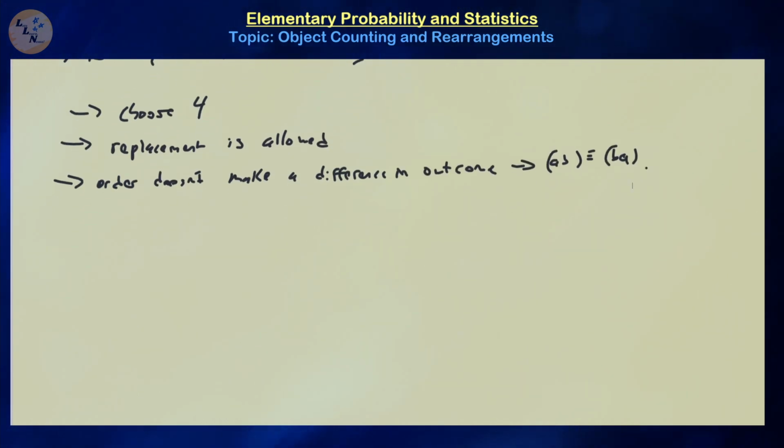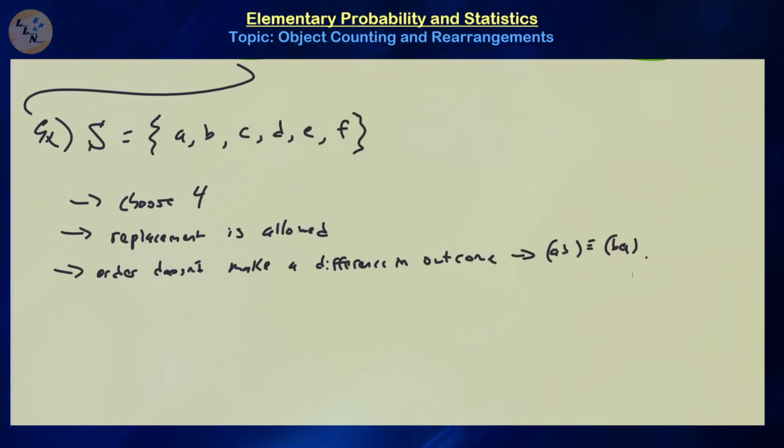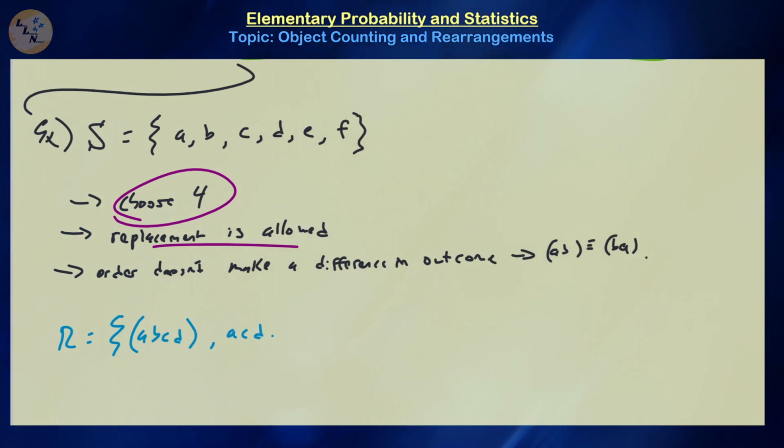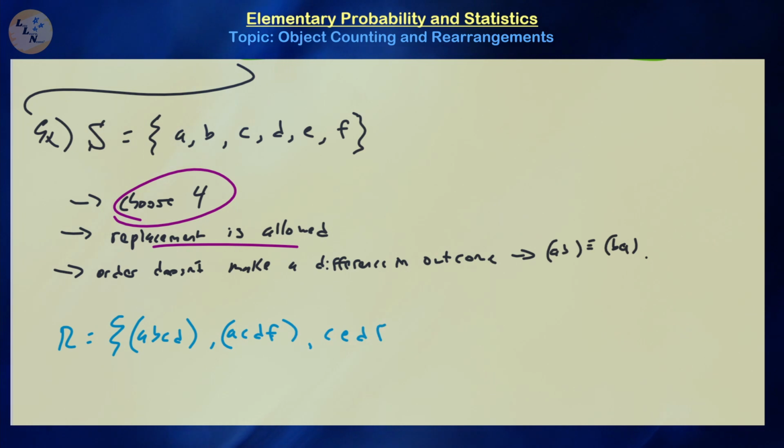So if this is the case, how many different rearrangements of these four objects can be generated if replacement is allowed? So what would our R set look like? Let's just list out a couple. We could have A, B, C, and D. We could also have A, C, D, and F. And all of these rearrangements, so you could do like C, E, D, F, and A, and so on.